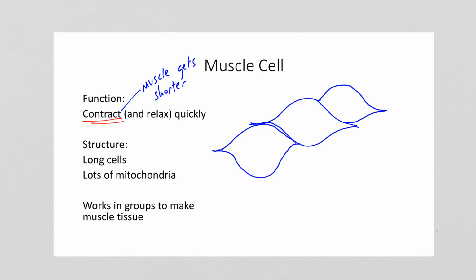Inside each of these, you have a nucleus, and then you're going to have, really importantly, lots of mitochondria. Remember, the mitochondria has that double layer. Incredibly bad drawings here, but hopefully we get the point.